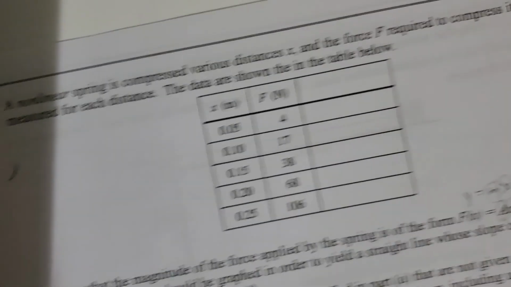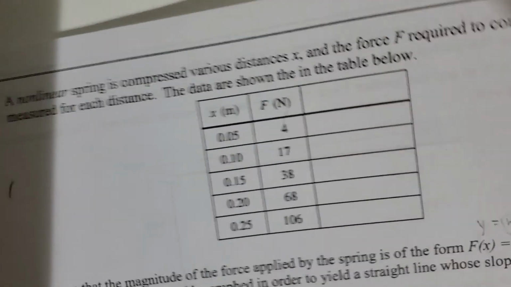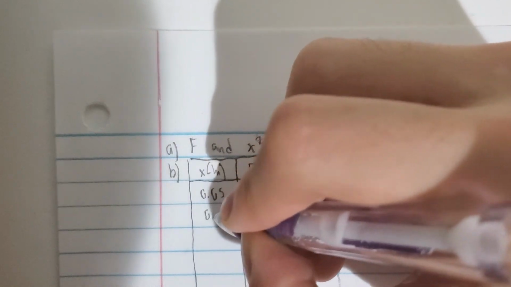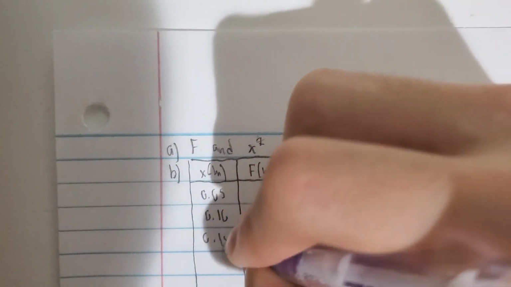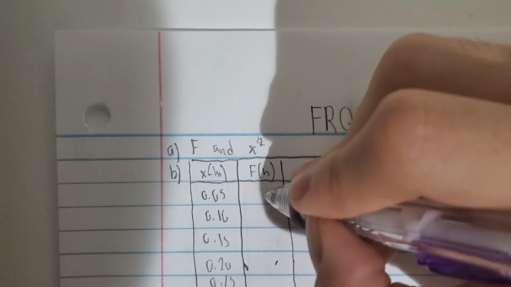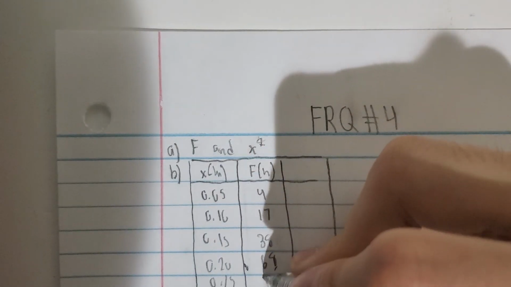Okay, so here's what it looks like. I'm gonna basically copy it now. 0.05, 0.10, 0.15, 0.20, and 0.25 for 4, 17, 38, 68, and 106.